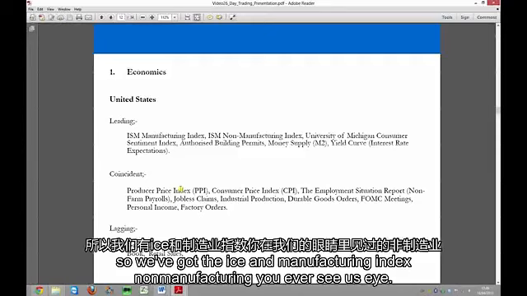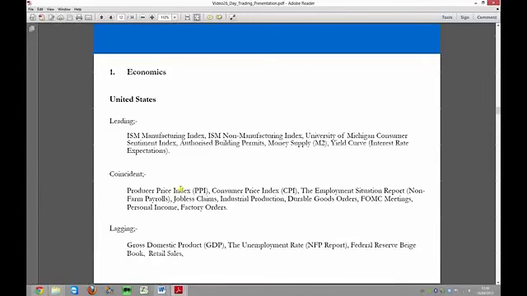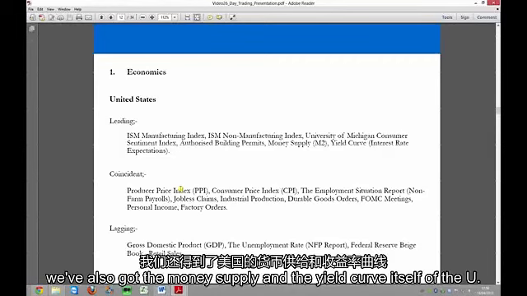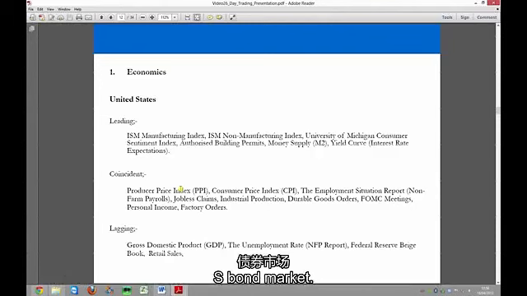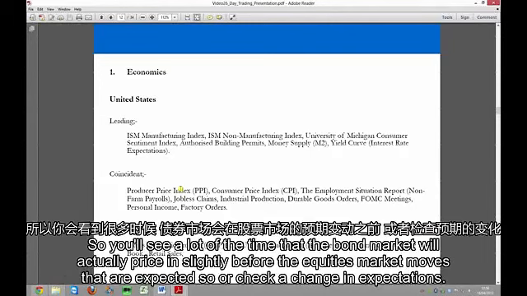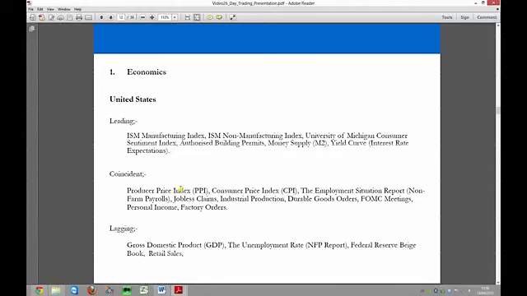So we've got the ISM Manufacturing Index, non-manufacturing, UMCSI, building permits. We've also got the money supply and the yield curve itself of the US bond market. So you'll see a lot of the time that the bond market will actually price in slightly before the equities market moves that are expected, or a change in expectations.